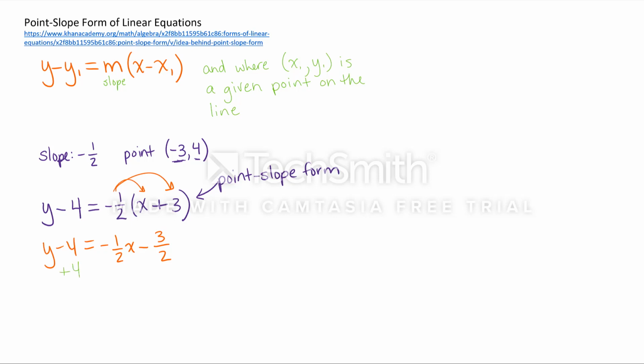So we're going to do plus 4 and plus 4, and that gives us y equals negative 1/2 x plus 2 1/2. And that's it. So we've gone from point-slope form to the equivalent linear equation in slope-intercept form.